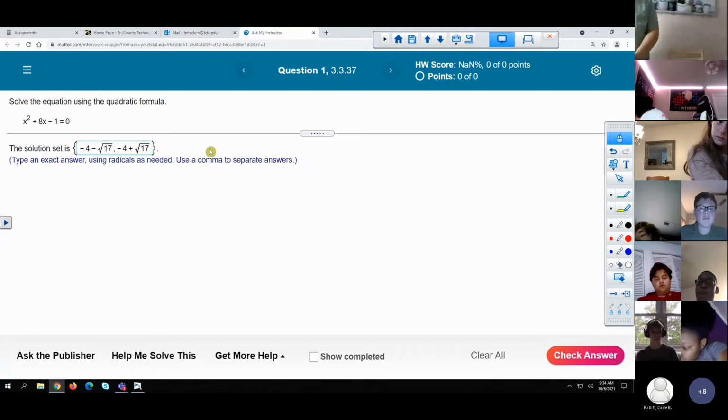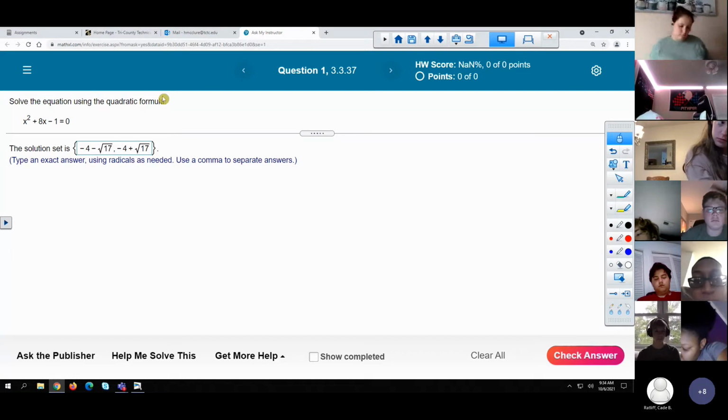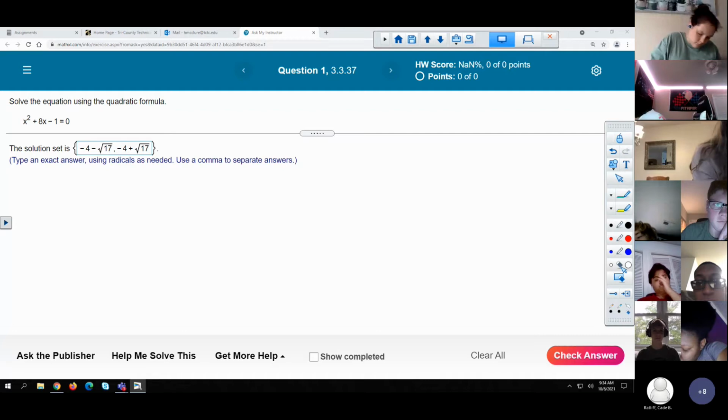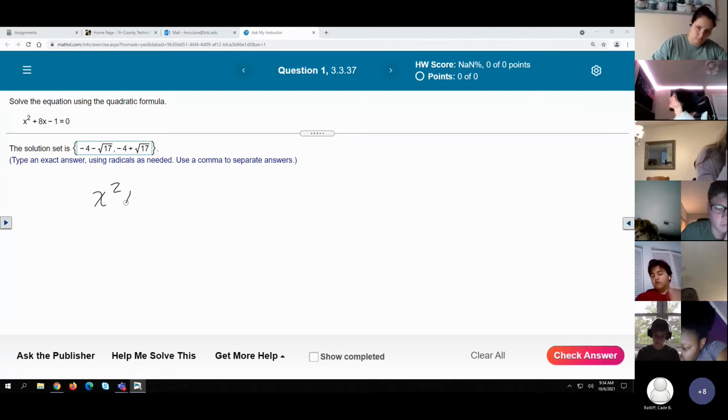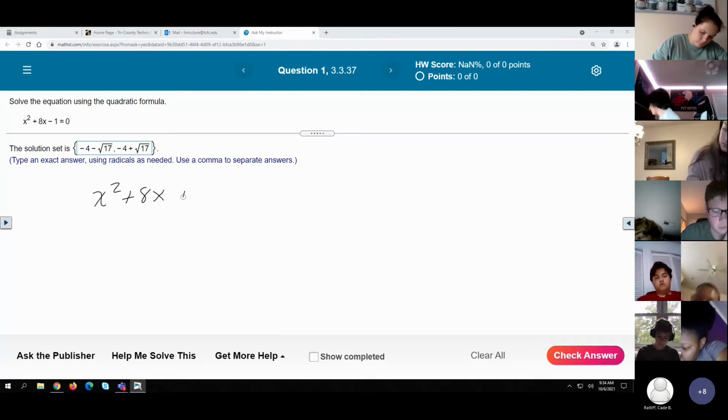Okay, this one, ignore the directions. We're going to do complete the square. And I told y'all that when we first started. I said, we're not going to do quadratic formula. You just ignore the directions. X squared plus 8x plus blank is equal to 1 plus blank.